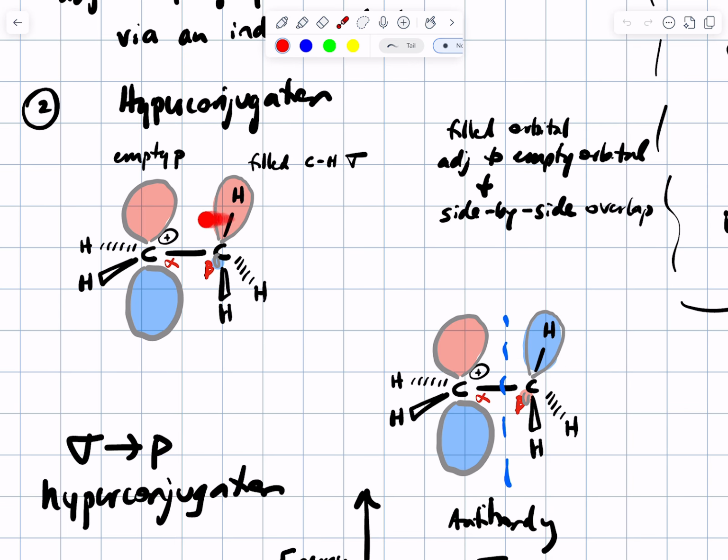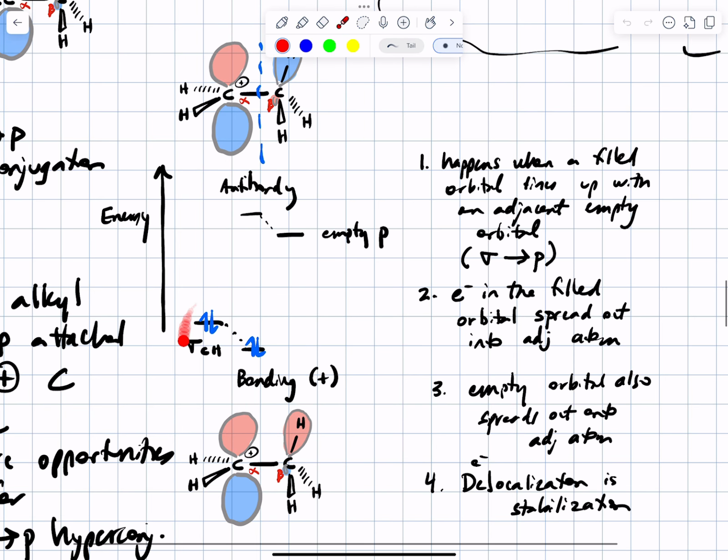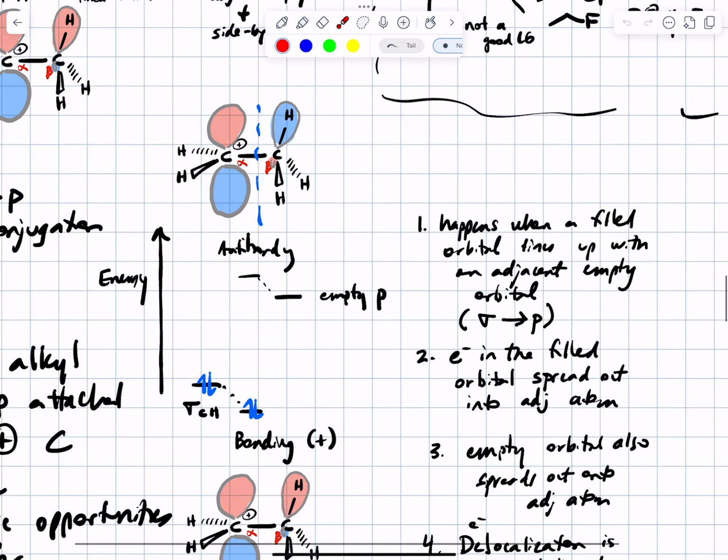They spread out a little bit towards the adjacent carbon. Mixing the two orbitals together, here's the sigma bonding orbital, here's the empty p orbital. They mix together, you get the plus combination, where the electrons move lower in energy, and then the minus combination where the orbital moves higher in energy, and that's this one.